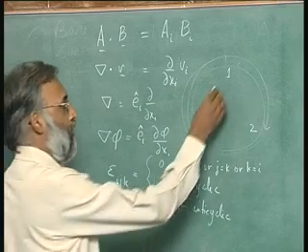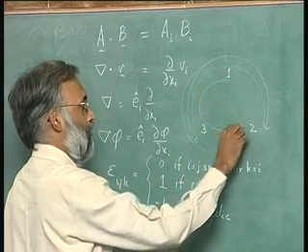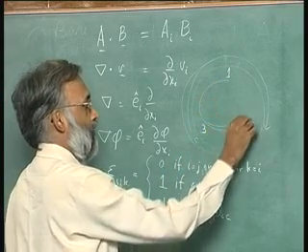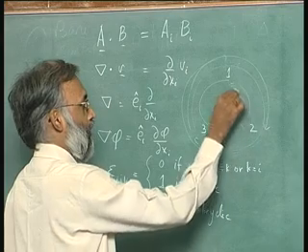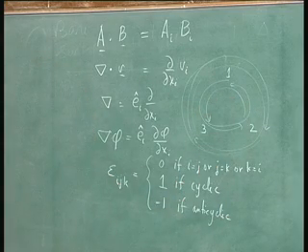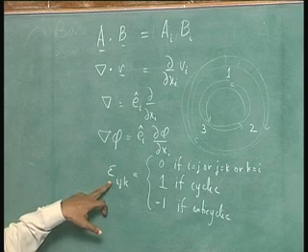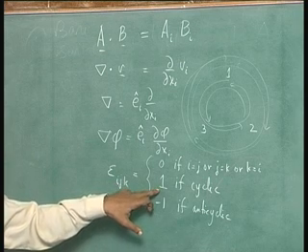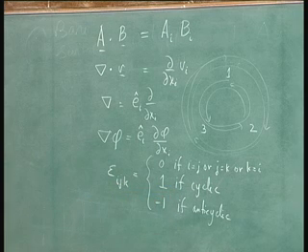If I had to go 1, 3, 2, 3, 2, 1 or 2, 1, 3, that is called anti-cyclic. So, epsilon i j k is equal to 1 if it is cyclic and minus 1 if it is anti-cyclic.